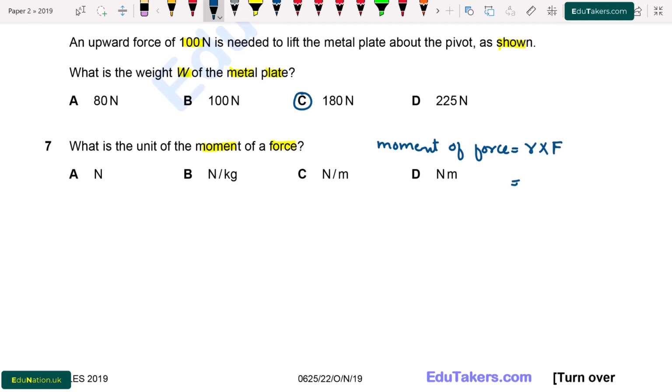The unit of distance is meter while the force is measured in Newton. It means that the unit of the moment of force is Newton meter. Now we see the options. Option A Newton, B Newton per kilogram, C Newton per meter, D Newton meter. So option D is correct.